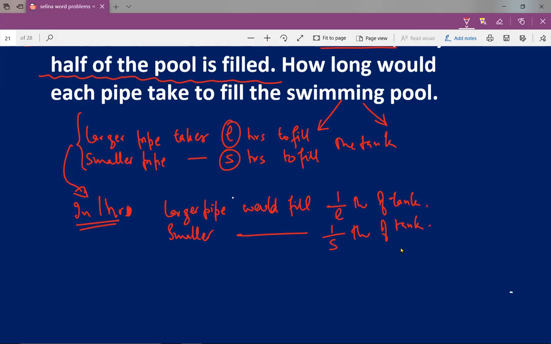So in 1 hour, this large pipe would fill 1/L and the smaller would fill 1/S.